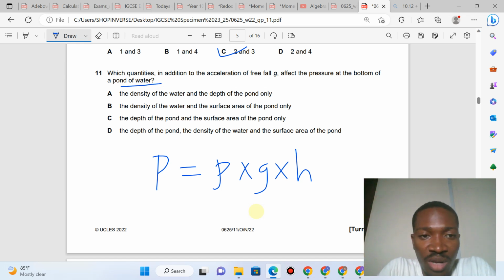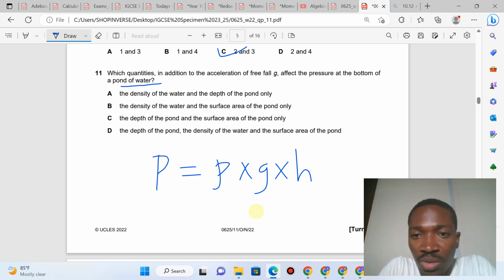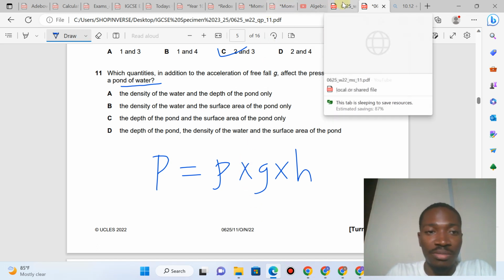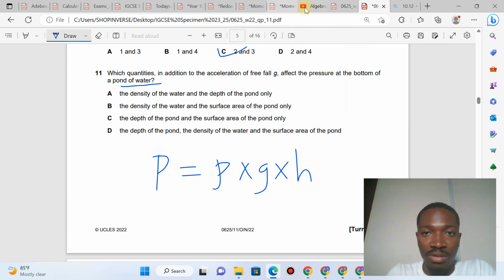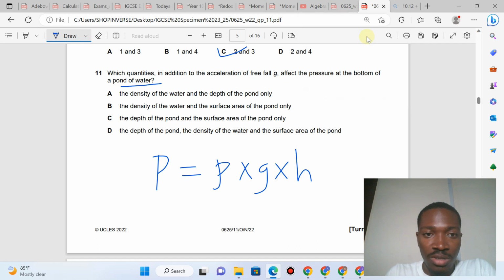So which would affect the pressure at the bottom of a given pond of water? Let's see the density of the water and the depth of the pond only. Density and depth. That's correct.